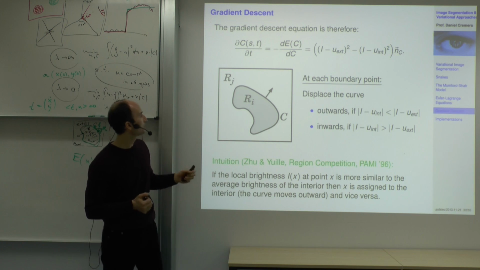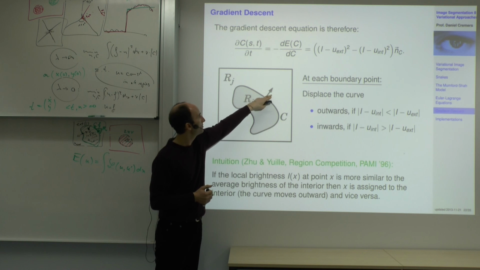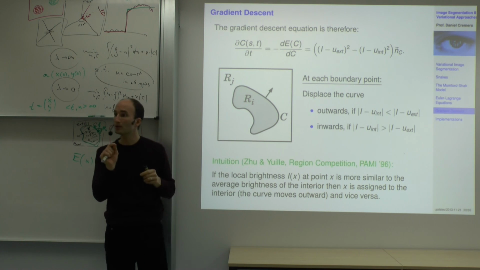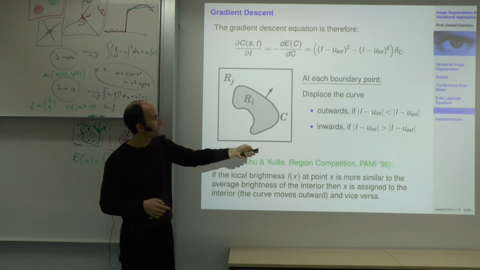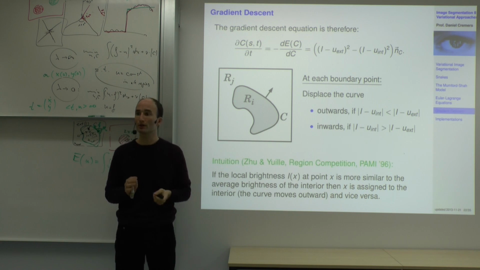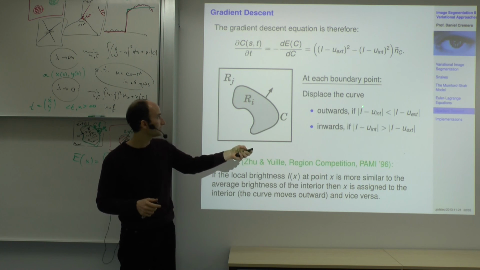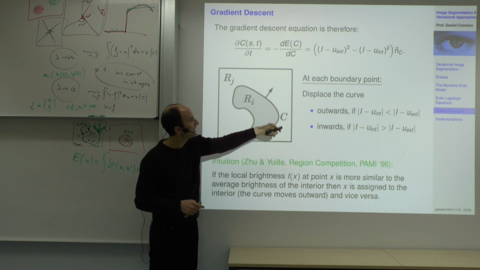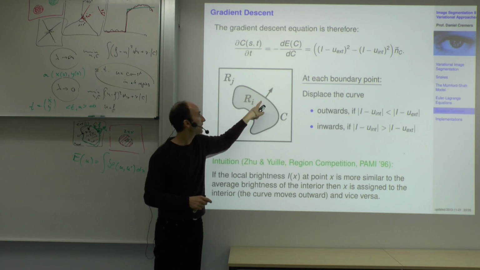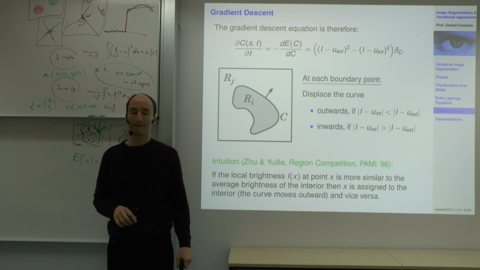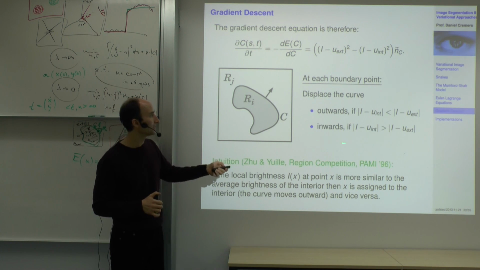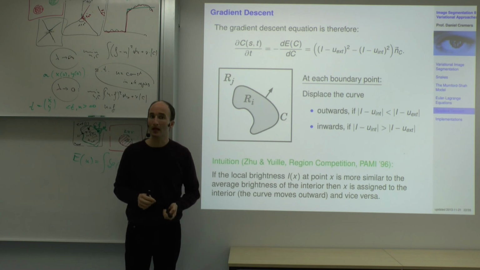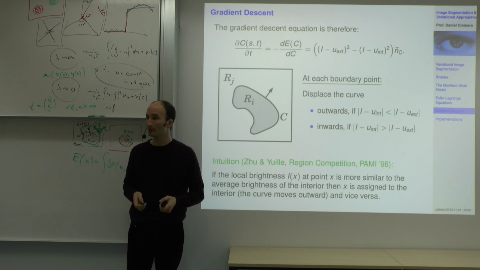And so you have this competition of the two adjacent regions for that boundary point. Both want the point, or don't want the point, whatever, and what affects the result is which brightness constant is closer to the current intensity. So I is always the intensity at my contour location, and U int, U ext are these model intensities for the two regions. And so not surprisingly, this dynamical process that we have here was coined region competition.